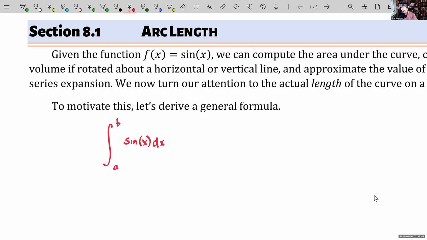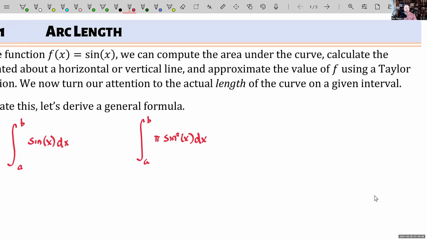If it was a volume, let's say rotated about the x-axis, it would be the integral from a to b of pi sine squared of x dx. It's pi r squared. If it was the sine curve rotated about the y-axis, that's a little trickier.